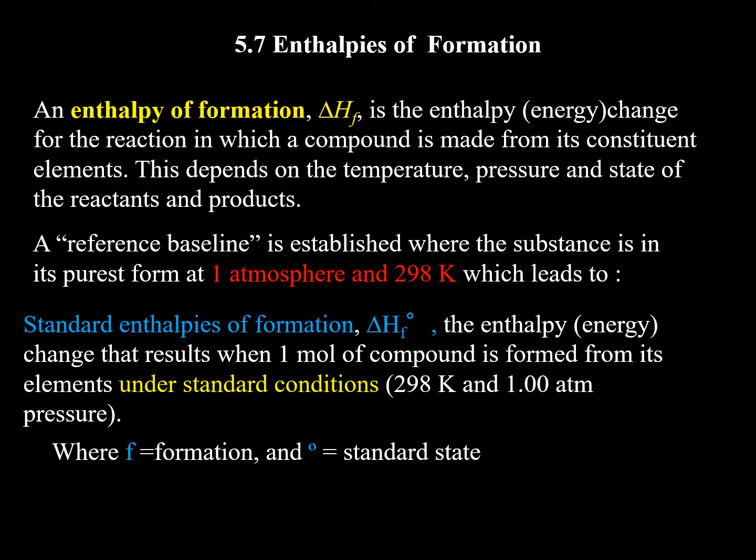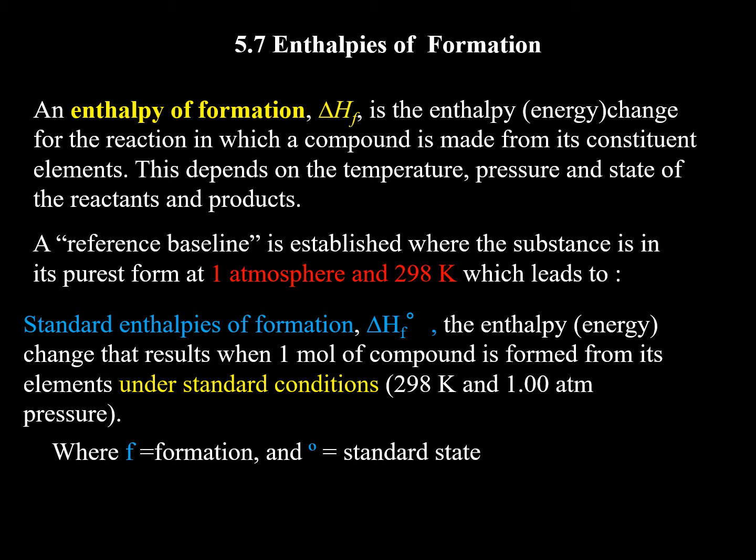The next topic is enthalpy of formations. So here it says this is the energy needed to form the particular compound, and we establish this with a baseline with standards, meaning these occur at 1 atmosphere and 298 Kelvin, 25 degrees Celsius.